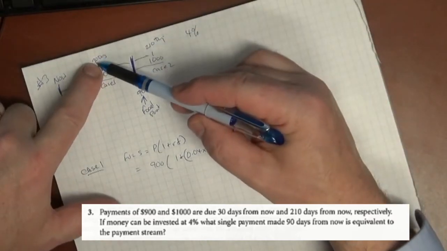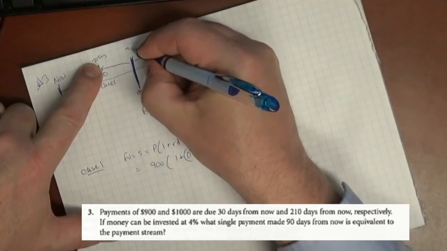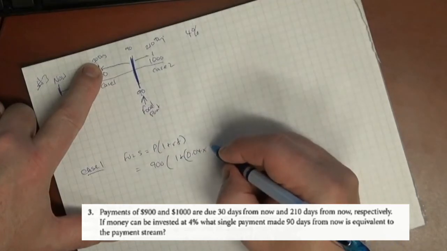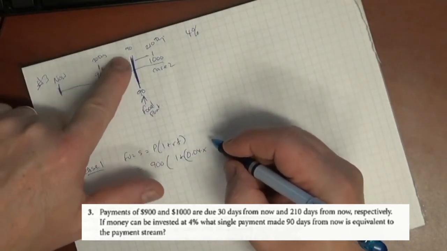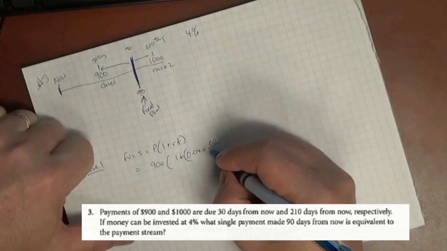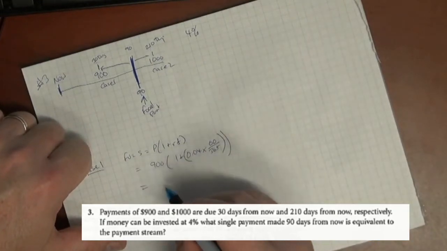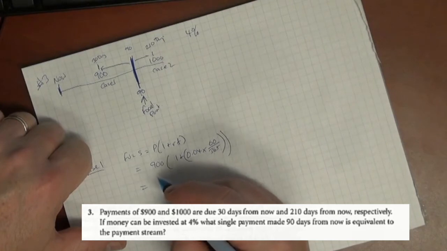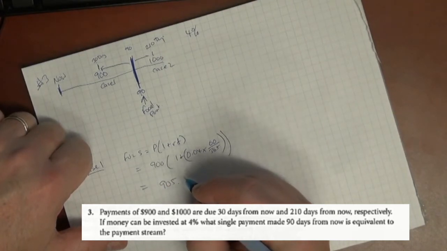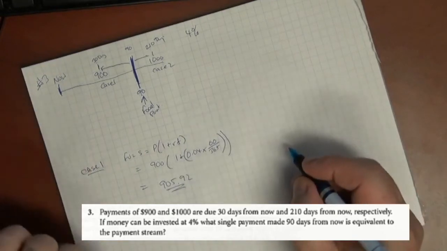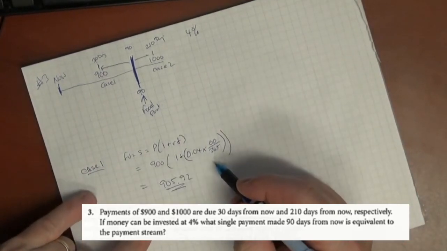Well, it came in on day 30, and the focal point is day 90. So it is 60 days, 60 over 365. We'll do the math on that. That will be $905.92 if you do the calculations.